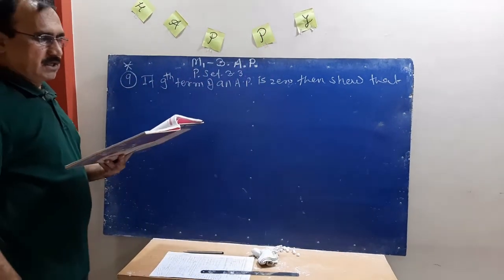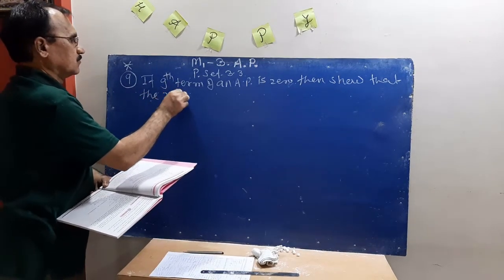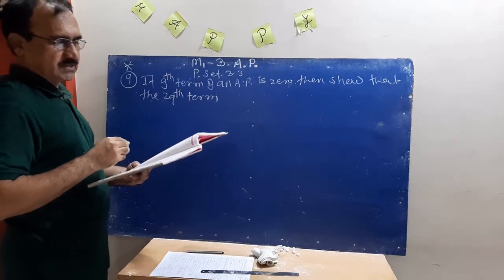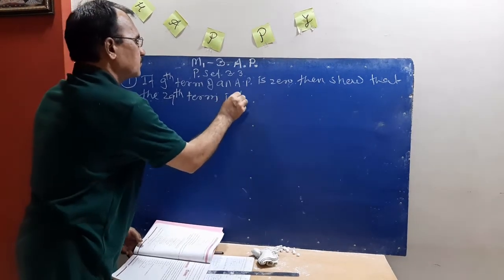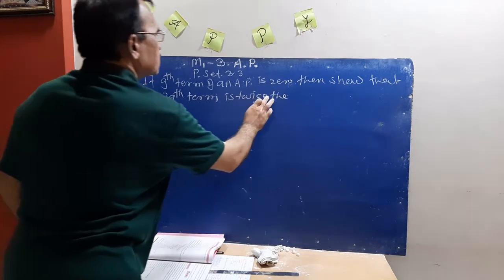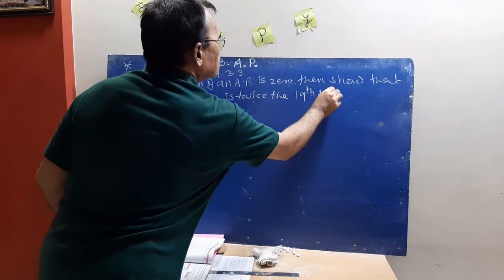Show that the 29th term is twice the 19th term.